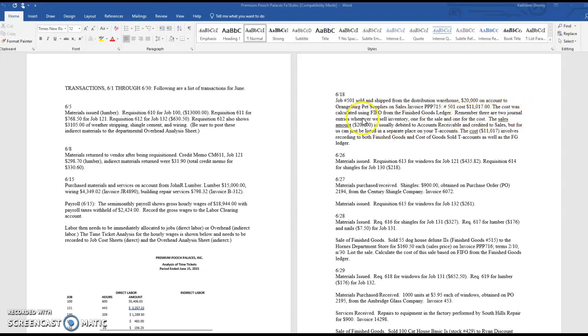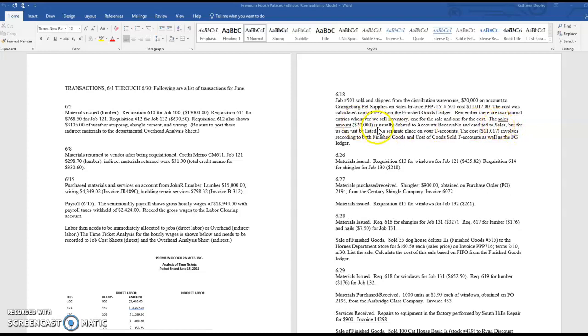Remember, there are two journal entries whenever we sell inventory with the perpetual inventory system. One journal entry for the sale and one for the cost. So for the sale entry for the $20,000, we're going to debit accounts receivable and credit sales. We don't have an accounts receivable T account, so you're just going to stick the $20,000 in sales.